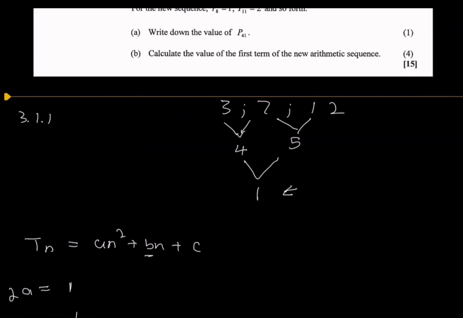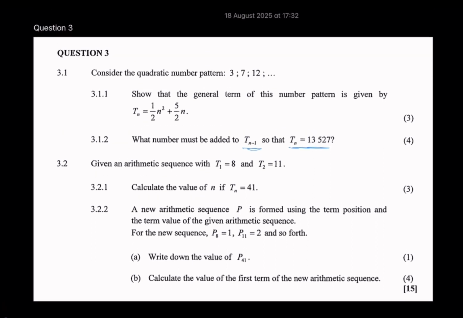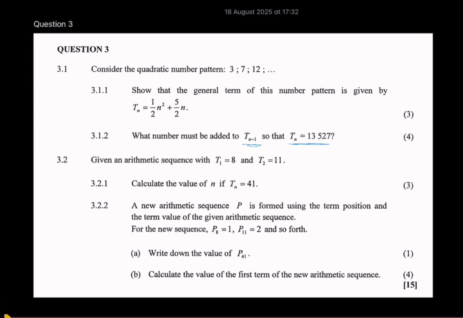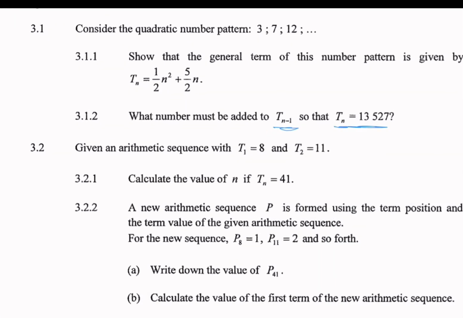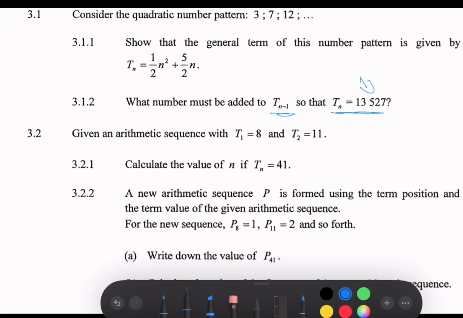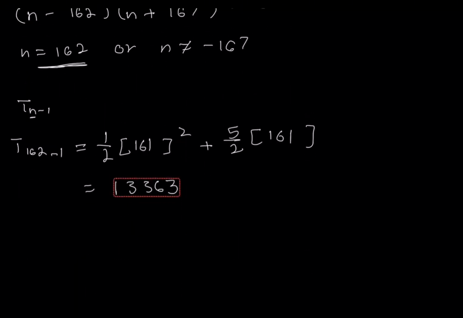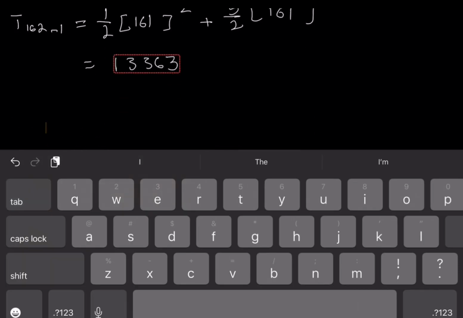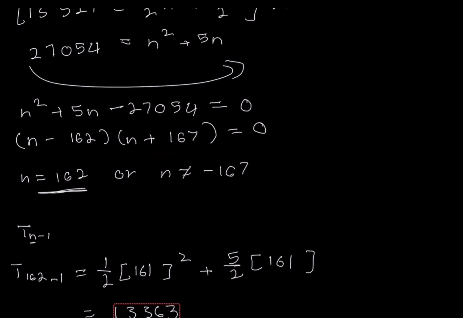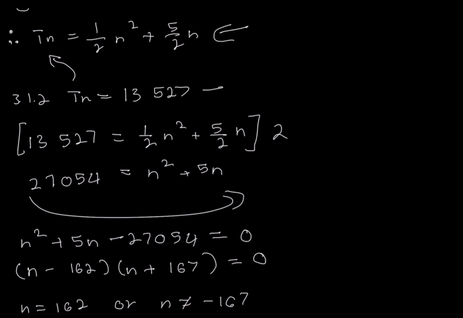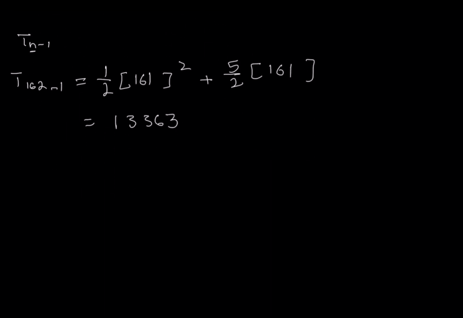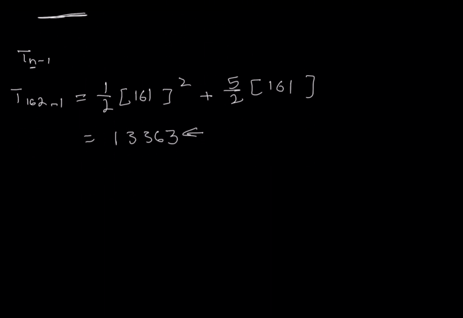Now, we are not done. Let's read the question. The question says, what number must be added to get this term? So how are we going to do this? We are going to take the original Tn, this one, and subtract this one from it.